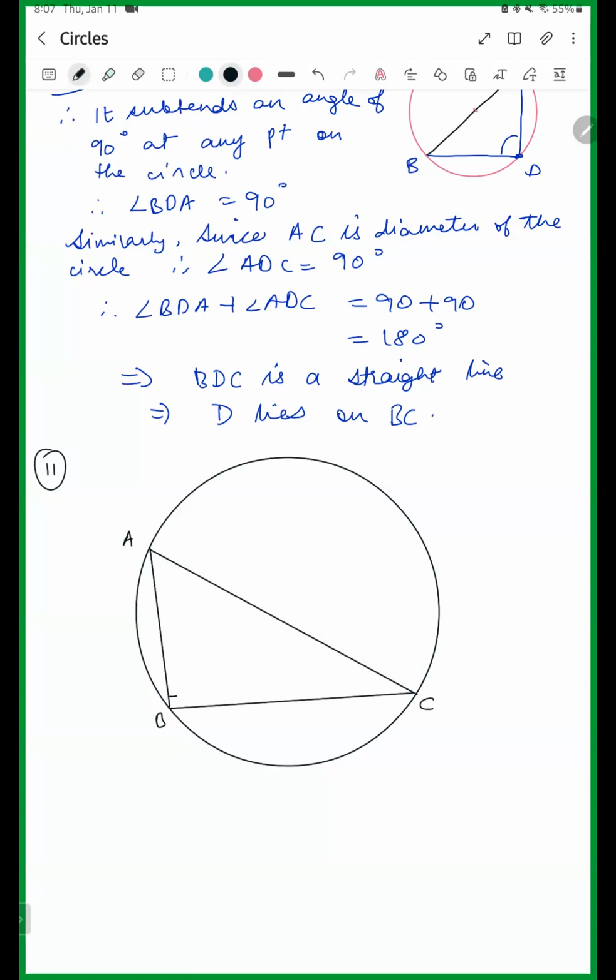This is a right angle triangle, and ADC are two right angle triangles with common hypotenuse AC. So again, there has to be a 90 degrees here, a right angled triangle.